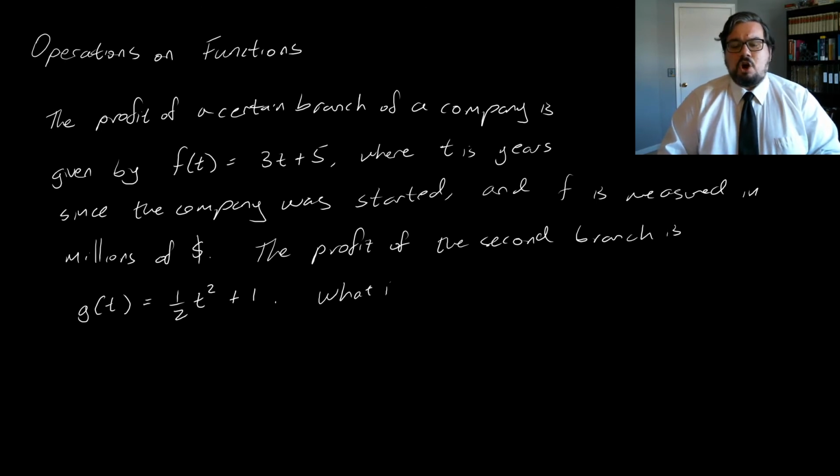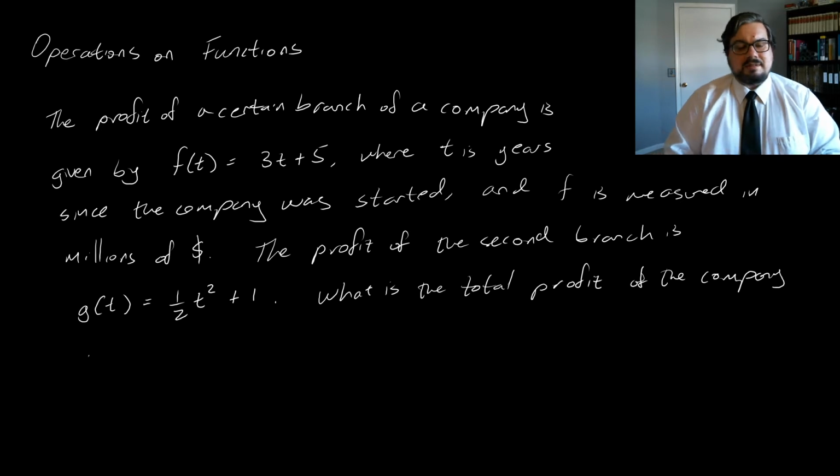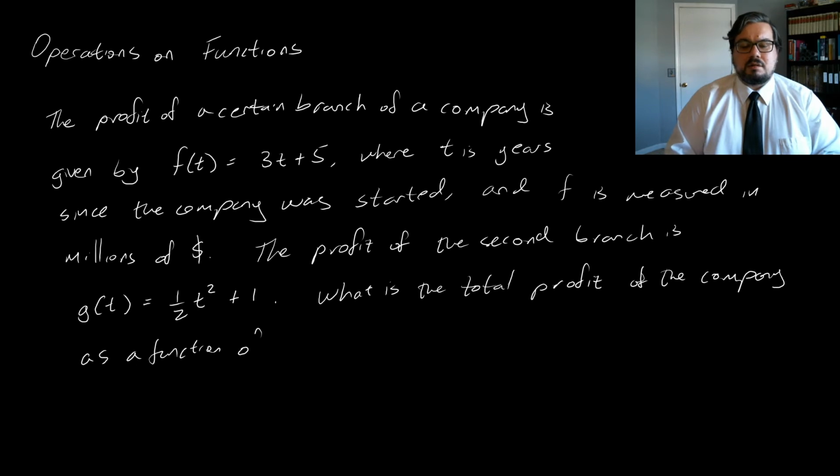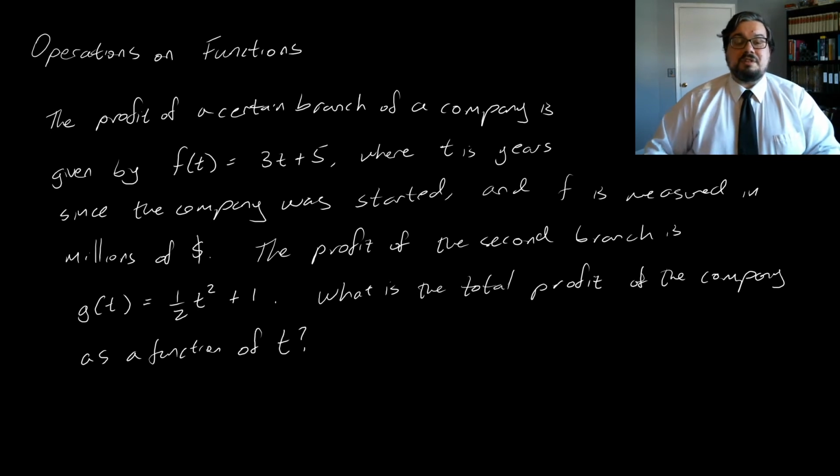What is the total profit of the company as a function of t? So this problem is asking us for a function that will take t, a number of years since this company began, as an input and give as an output the total profit of the company.